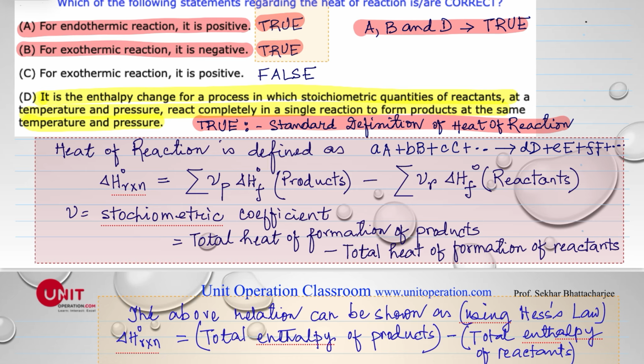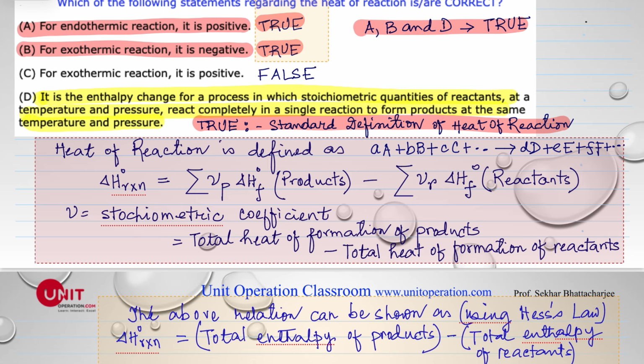So heat of reaction is defined as the summation of the heat of formation of each of the species of the products multiplied by their corresponding stoichiometric coefficients, minus the similar thing for the reactants.